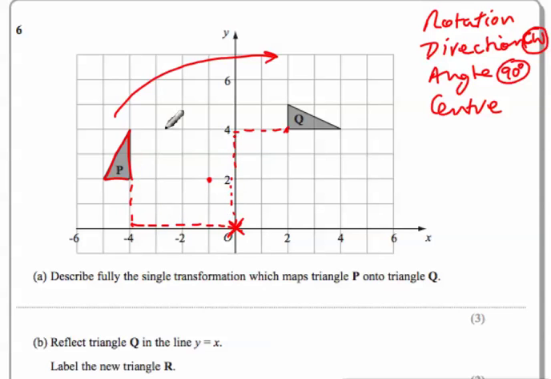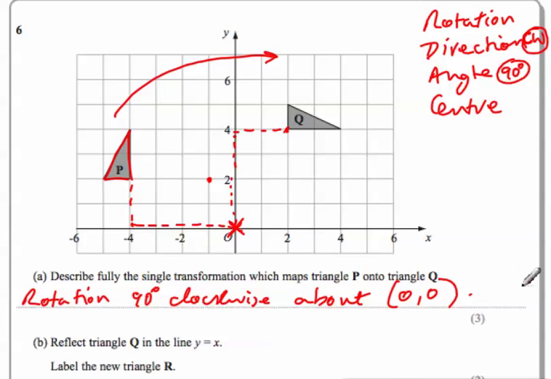I use L shapes too. So you can do it without tracing paper, but always check it with tracing paper, even if you do something like what I've done there. So this is your center of rotation. So the answer to the question would be, it's a rotation, 90 degrees clockwise, about 0, 0.